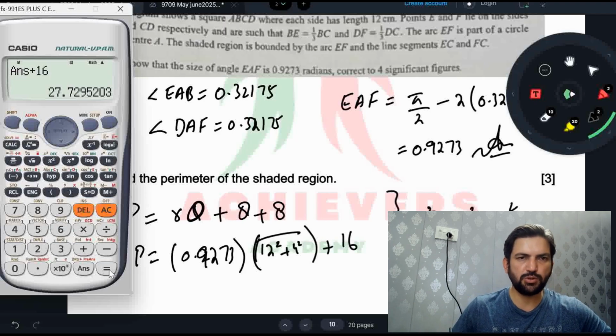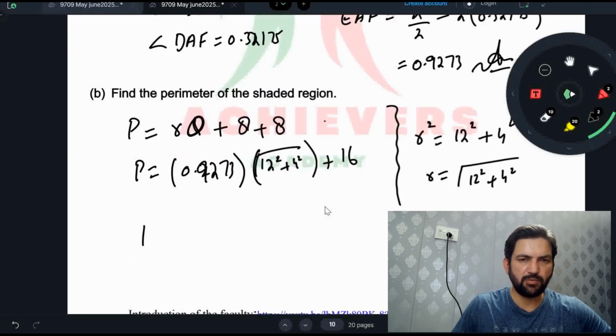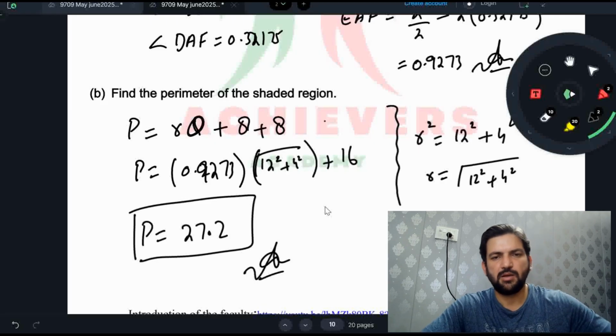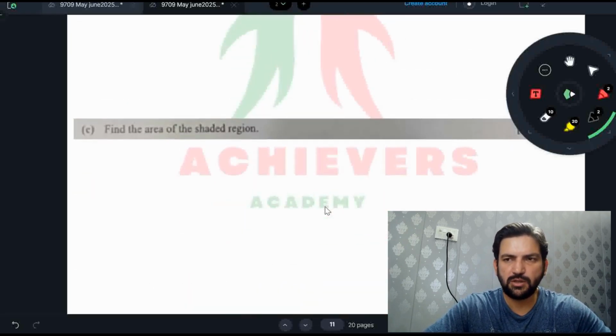That gives 27.729, which means the perimeter will be equal to 27.2, because correct to three significant figures, this will be the final answer. Let's move to the C part.